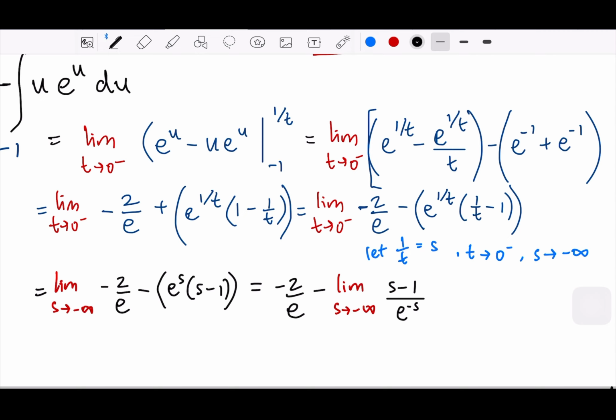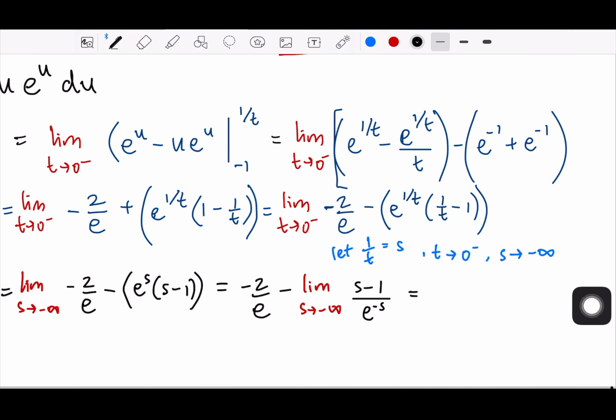You can take L'Hopital rule. So take L'Hopital rule. So this will be negative 2 over e. So L'Hopital. So without giving you like, okay, final exam is only the second half, but actually that's linking to the derivative also.